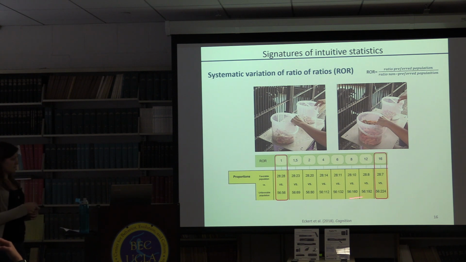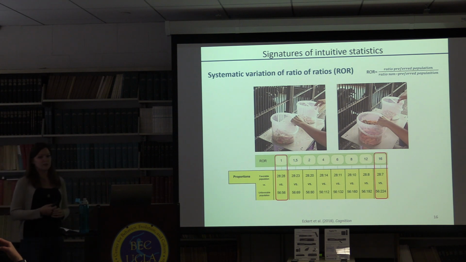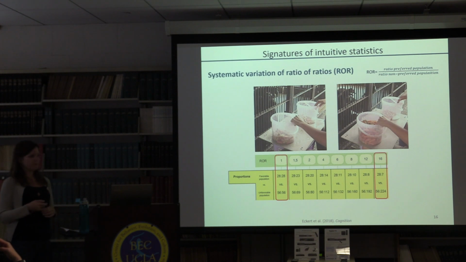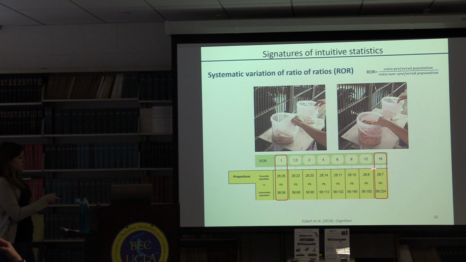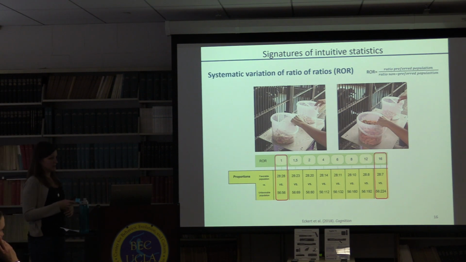And importantly, in all of these conditions, I disentangled absolute and relative frequencies of peanuts to make sure that the apes were really reasoning about proportions. So for example, here in ratio of ratio 6, you can see the more favorable population contained 28 peanuts and 7 pieces of carrots, and the less favorable population contained double as many peanuts, but even more pieces of carrots.